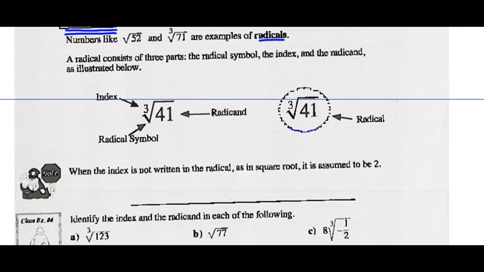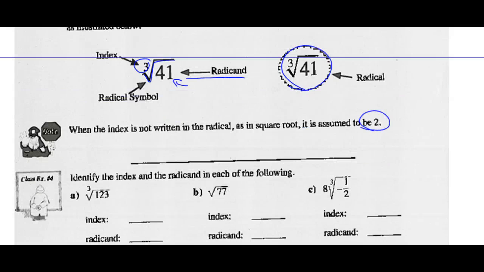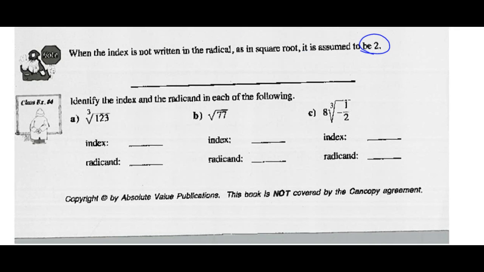So this whole thing is called a radical. Here's our index number. We've got the radical symbol, and the number inside the radical sign is called our radicand. Note, when the index number is not written, it's always understood to be 2. That's the most common, square root or second root.